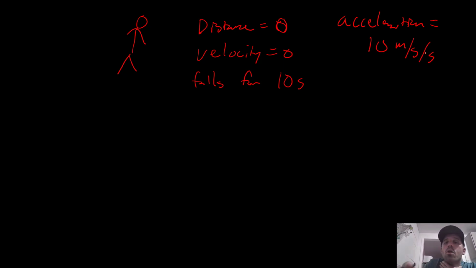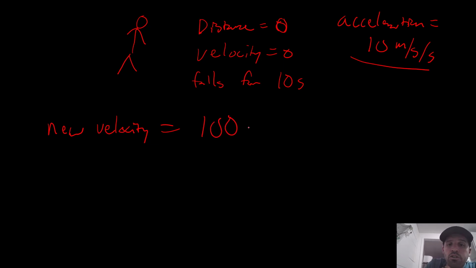Applying this, we know that because our acceleration is constant, our new velocity is still going to be 100 meters per second. However, the trick here is that velocity has been changing every second that he falls, so we can't apply this same formula exactly for distance.